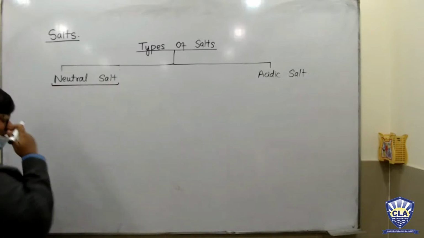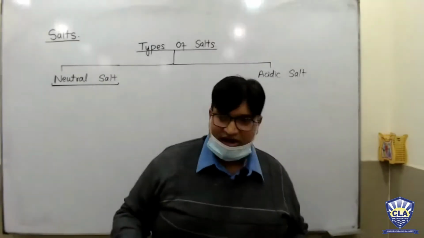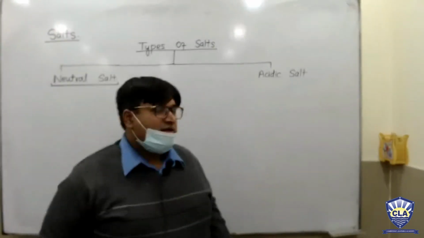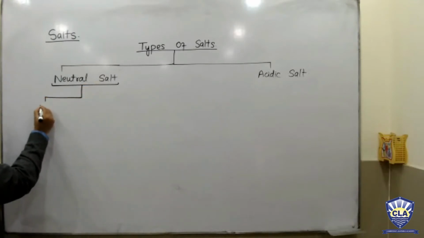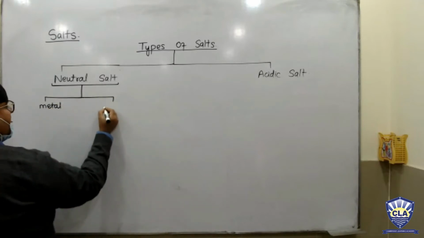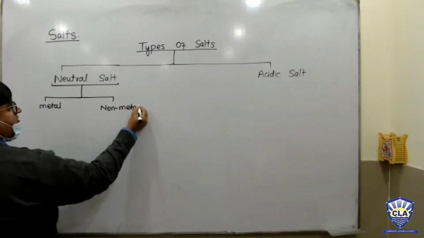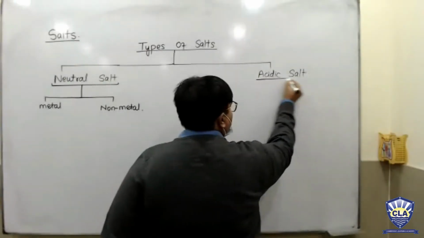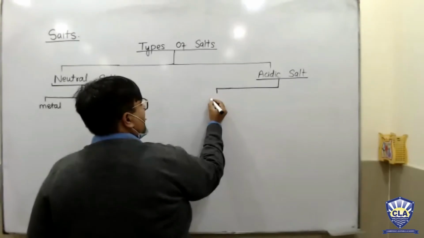Neutral salt. Keep in mind, my dear students, that any salt is an ionic compound. Ionic compound means it contains metal and non-metal. So this neutral salt contains two things inside it. The first thing is metal, and the second thing is non-metal. Whereas if you move towards the acidic salt, they contain three things inside it.